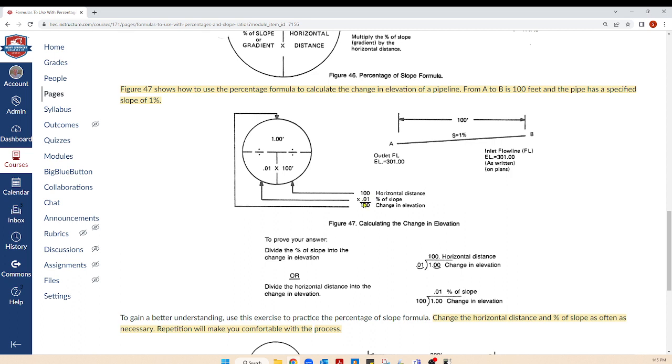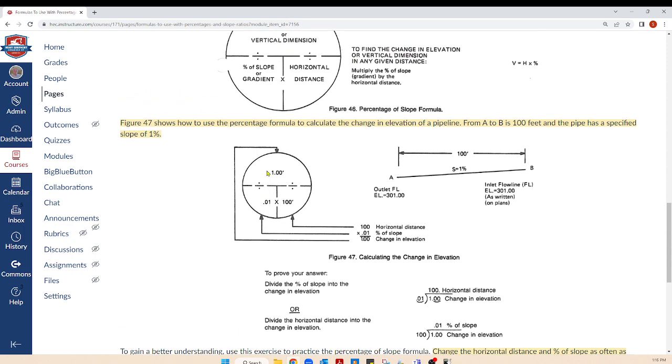No, that's 0.01%. 0.01%, not 1%. So that's the deal. That's what I'm looking at.